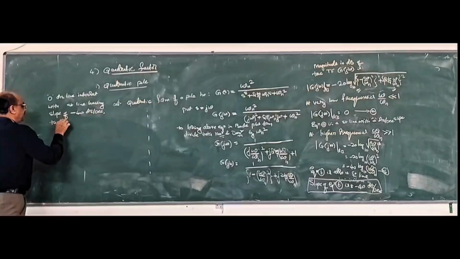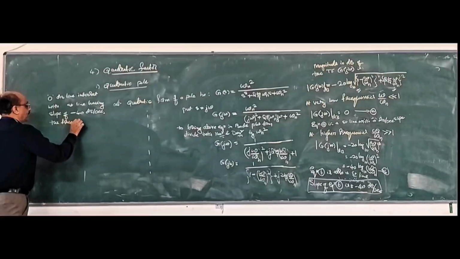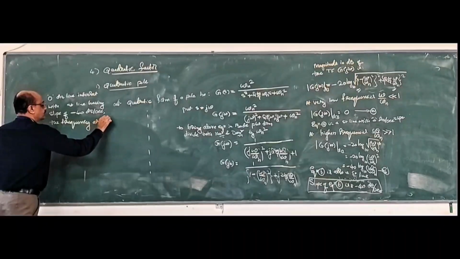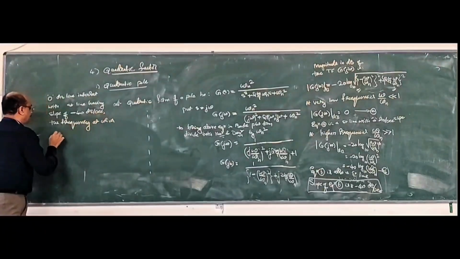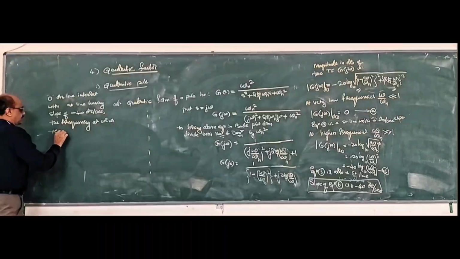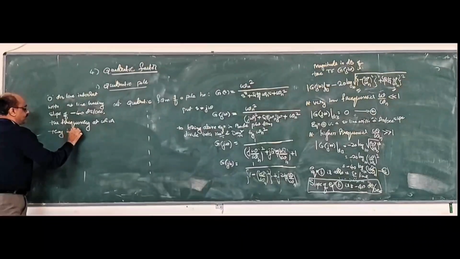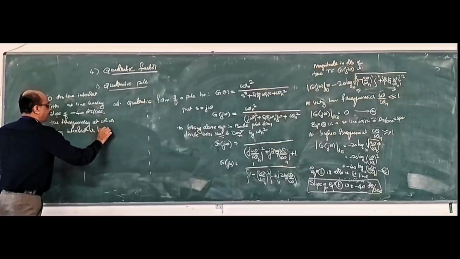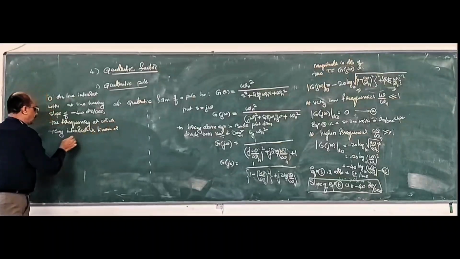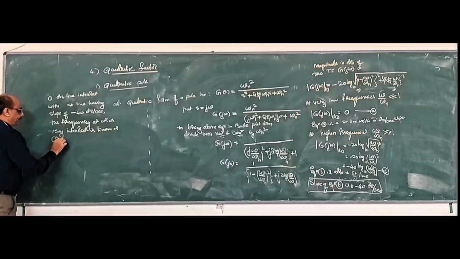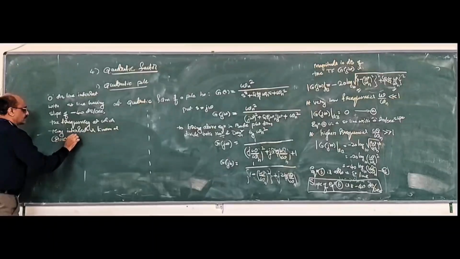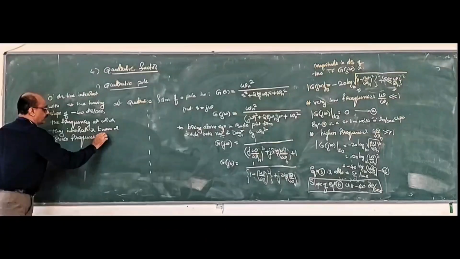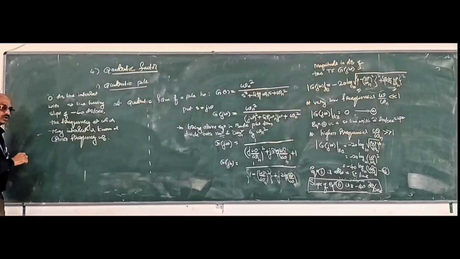The frequency at which they intersect is known as the corner frequency, denoted by omega c.